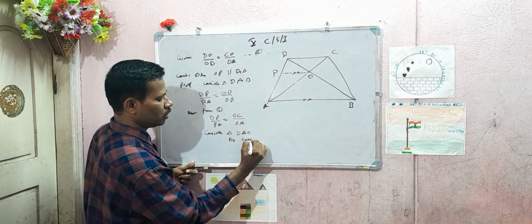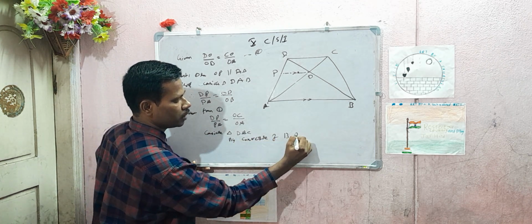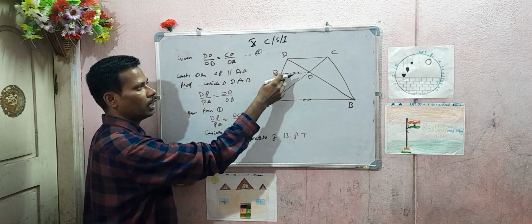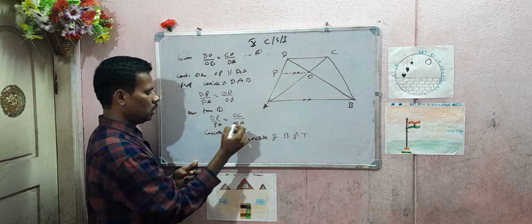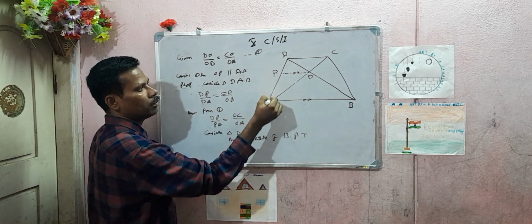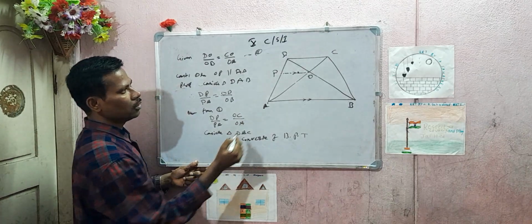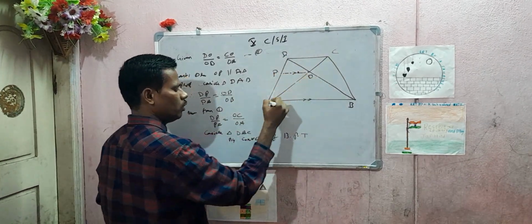By converse of basic proportionality theorem, that states that if a line divides the other two sides in the same ratio, in this case DP by PA is equal to CO by OA.